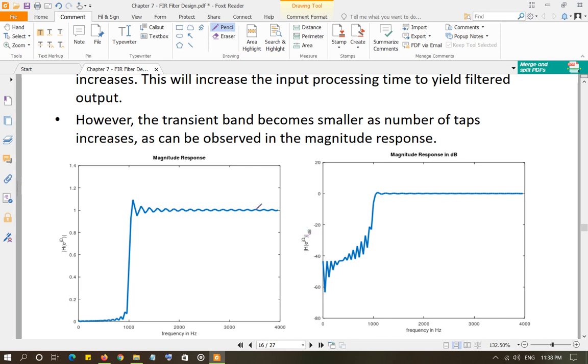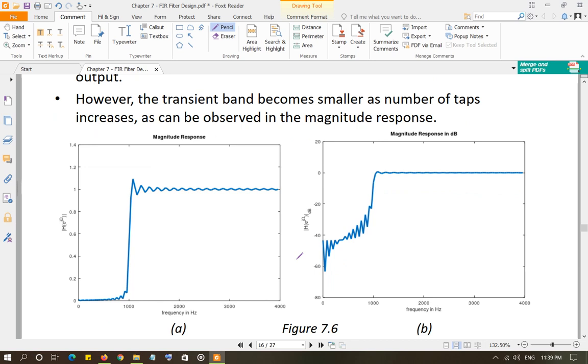You still have a bunch of ripples here, and the processing time of course is going to increase because now you have a longer filter. So each point is going to take longer to be processed by that filter to yield the output filtered point.